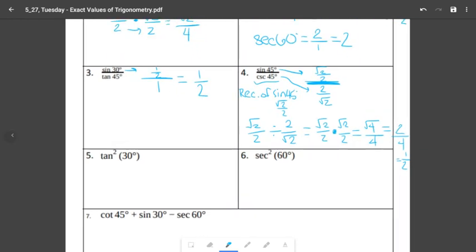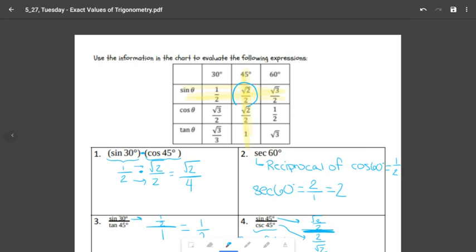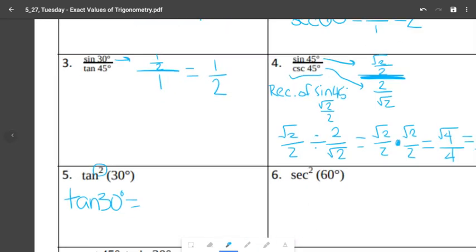Now notice in number 5, it says tangent squared of 30 degrees. So we're going to start by finding tangent of 30. So going to our table, tangent of 30 is radical 3 over 3.